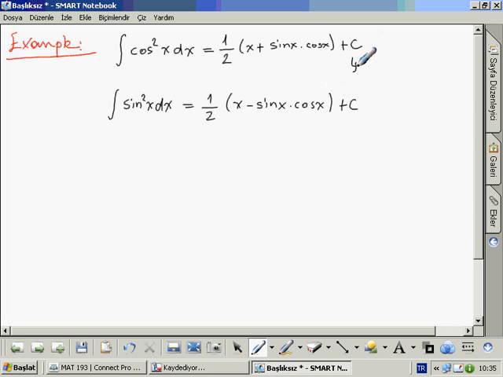Because I've used here cos squared x equals 1 over 2 times 1 plus cosine 2x, and for sine squared x, it equals 1 over 2 times 1 minus cosine 2x.